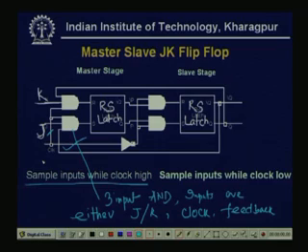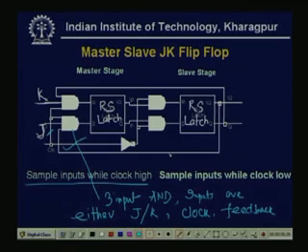But the second one, as it is inverted, for the second RS latch the clock input becomes high, and as the clock input becomes high, now it will take the input from the previous RS latch. The input of the second RS latch is the output of the first RS latch.